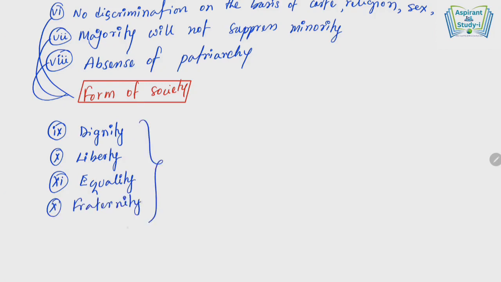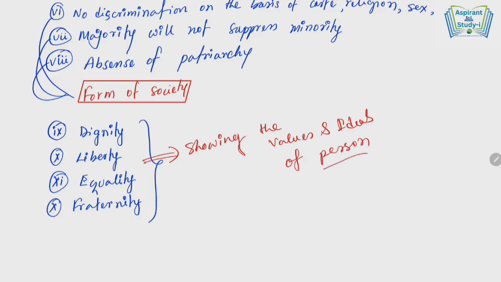These all are important as per the democracy. These features are showing the values and ideas of a person, and this is a very beautiful feature of democracy in our constitution.